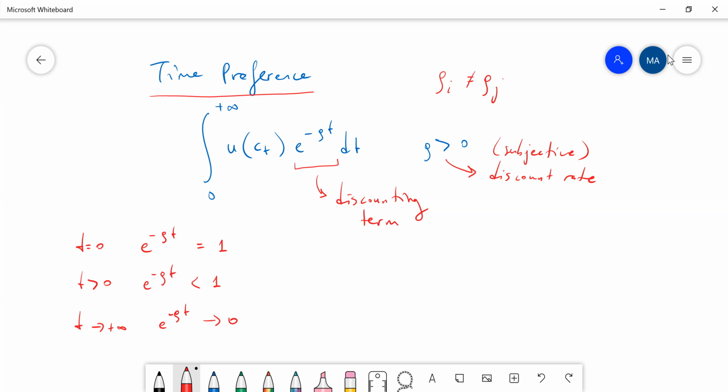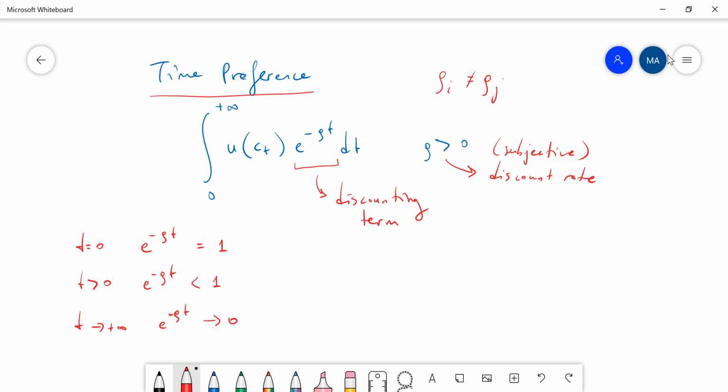Okay? And of course, when t goes to positive infinity, I don't really care. Right? When t approaches infinity, I attach nearly 0 weight to that extremely distant future utility flow.